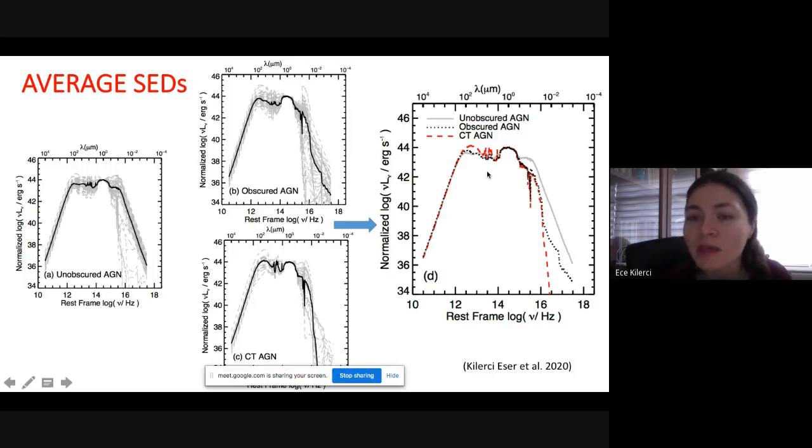The far infrared bump is coming from the dust SED, the cold dust in the galaxy. So this might suggest that the two can be related, or that the dust from the host galaxy can have an effect on the AGN obscuration too.